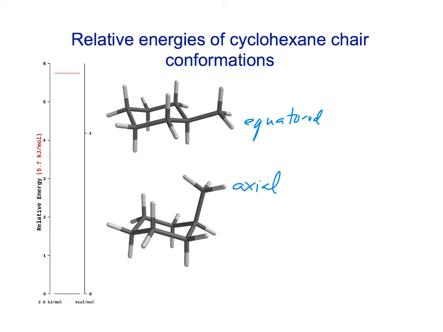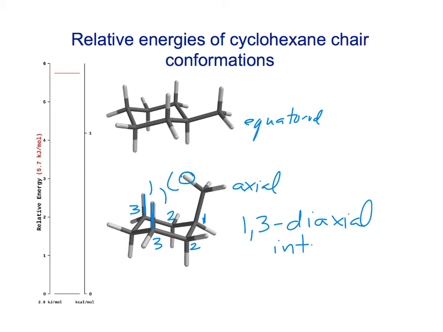And in the axial methyl group, these hydrogens on this methyl group become much closer to the axial hydrogens on the other side of the ring. In fact, if we count this as carbon 1, we go 1, 2, 3 over here, or if we count the other way, 1, 2, 3, we call these 1,3-diaxial interactions.